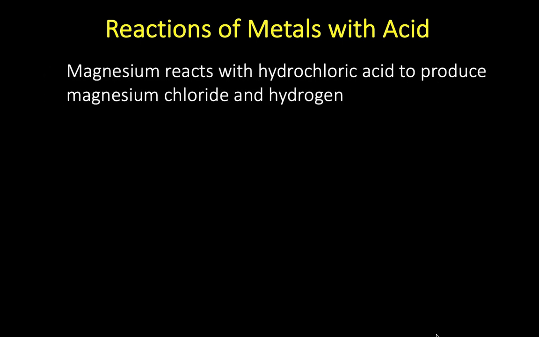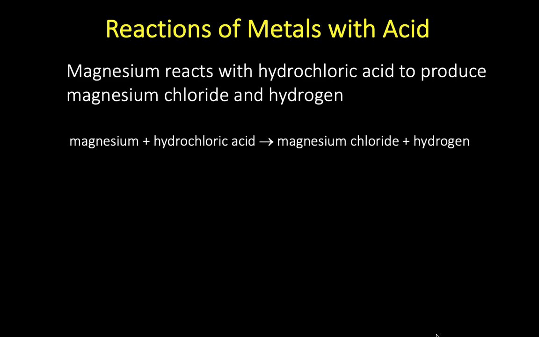So, magnesium reacts with hydrochloric acid to produce magnesium chloride and hydrogen. The word equation is magnesium plus hydrochloric acid gives magnesium chloride and hydrogen. We will substitute in our chemical symbols, Mg plus HCl gives MgCl2 plus H2.